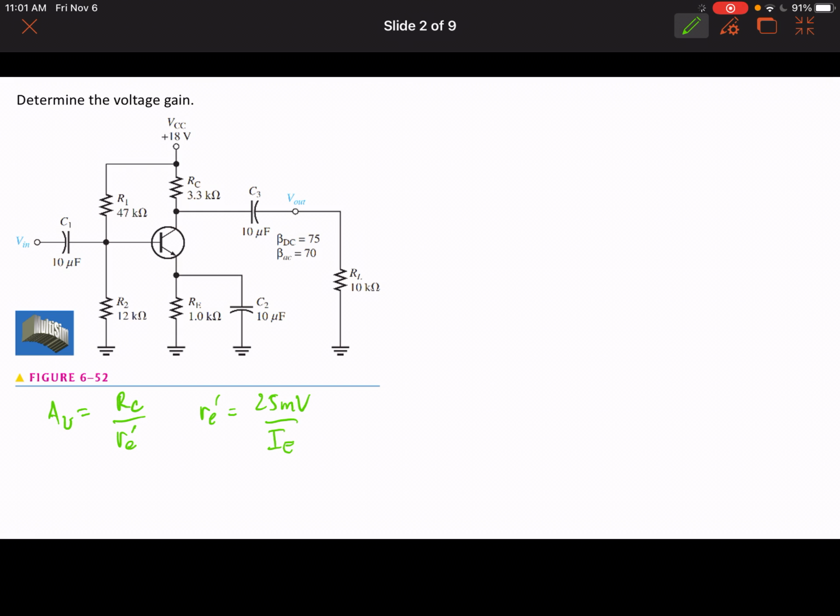voltage here at this point, so that we can solve for the emitter current, which is passing through the emitter resistor. Our approach here would be to use the Thevenin equivalent resistance or Thevenin equivalent circuit for the voltage divider circuit.